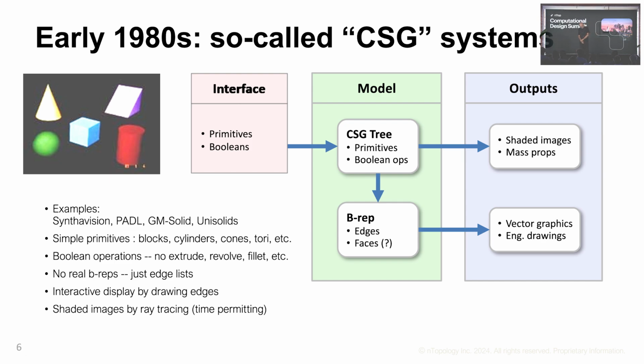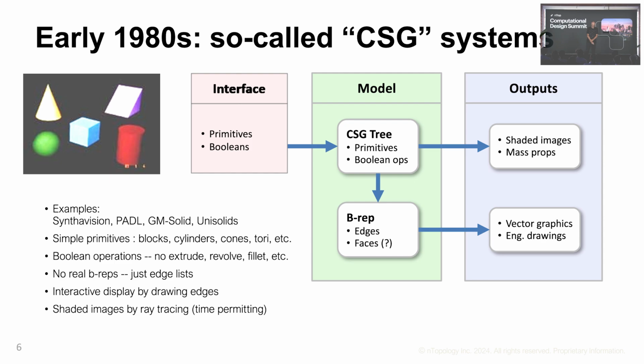Then, fairly soon after that, a generation of systems that we called CSG systems arose, and in some sense, these were the first commercial solid modeling systems. So you got to do a lot of the same things that we get to do today. You got to make primitives and combine them with Boolean operations. And the operations were saved in this tree structure, which is sort of similar to what we do today.